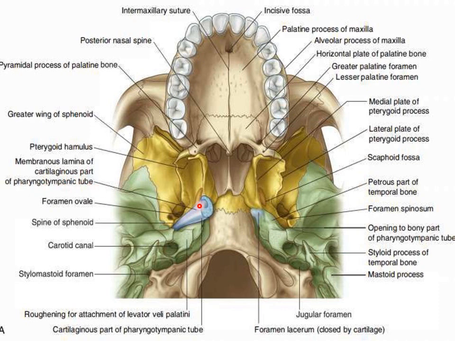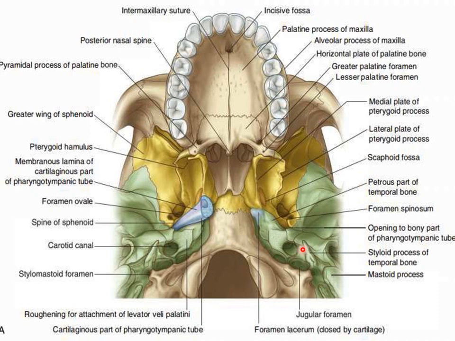Then we can make out various foramina here. We will discuss the foramina later, but I will name them. This is the foramen ovale, the foramen spinosum. Then we have the carotid canal, the stylomastoid foramen, and this is the jugular foramen.